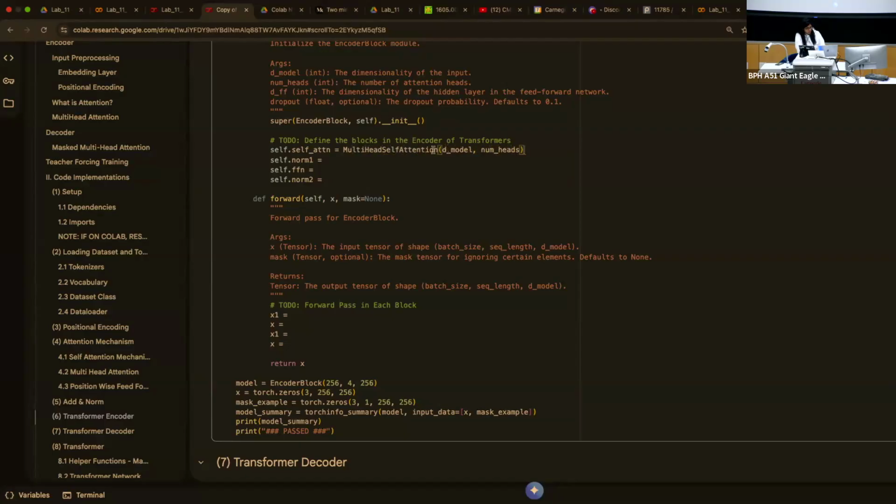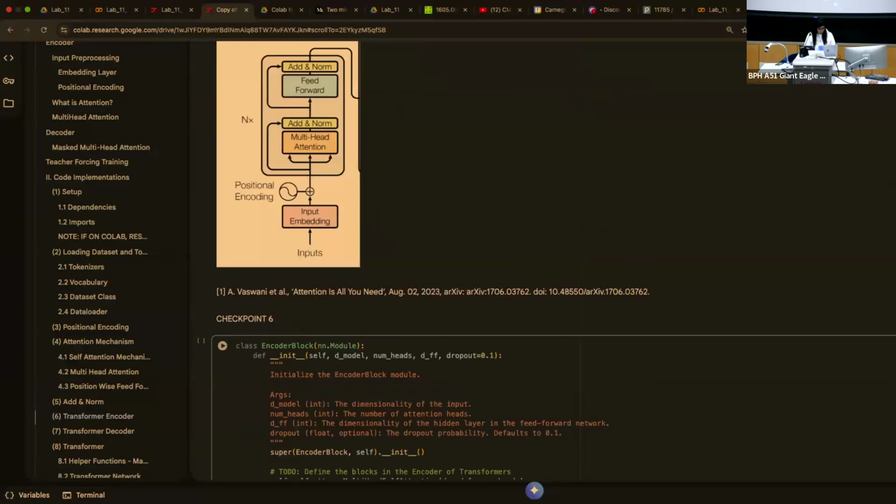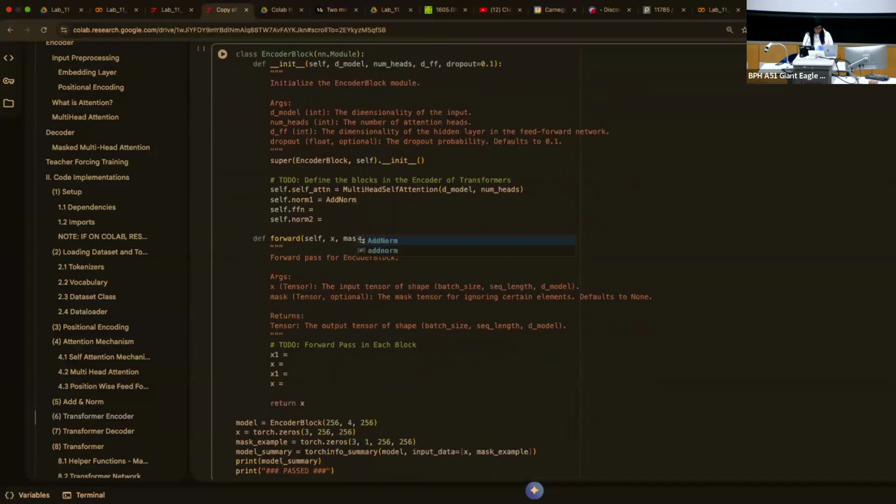So these were the two arguments that we passed into our self-attention class, the model size and the embedding size and the number of heads that we want to initialize it with. Add a norm.